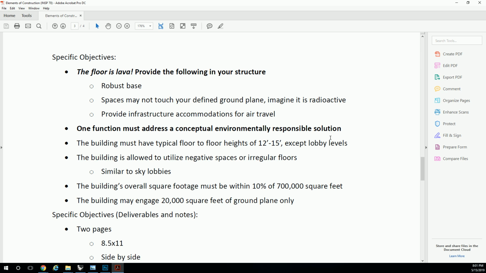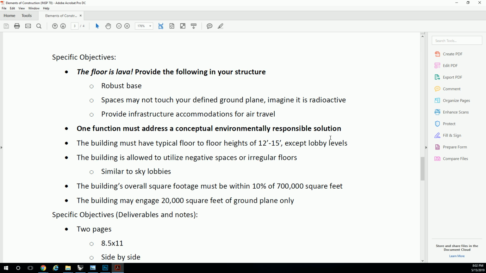So whatever the idea is, looks fun to me, but anyway, you could do something like that if you wanted, but have fun with it. Just make sure that you're providing some accommodations for air travel.